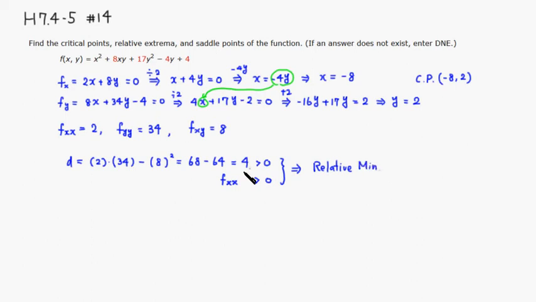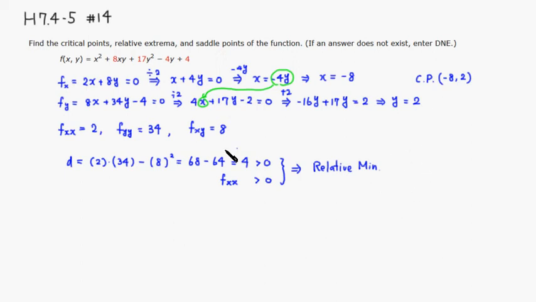D positive means that it's either a relative max or relative min. And the second partial with respect to x being positive indicates that we're talking about a bowl shape facing upward. So we would have a relative minimum at the critical point.